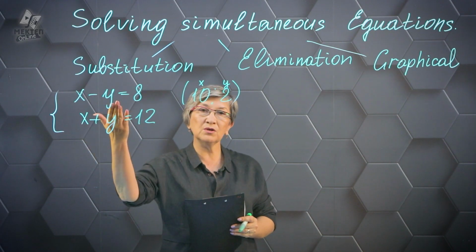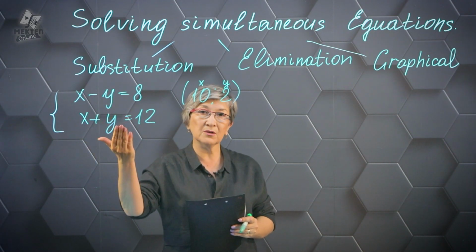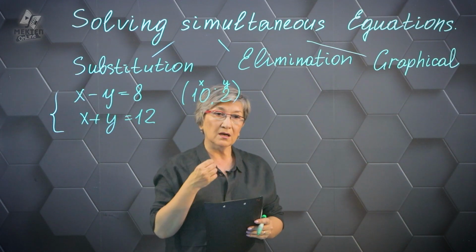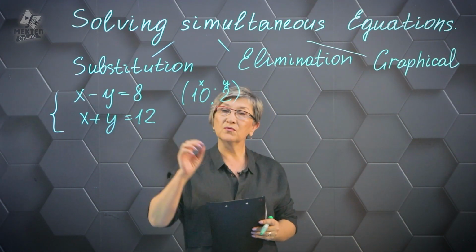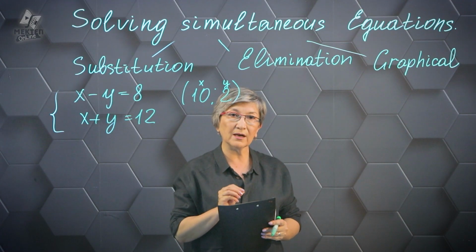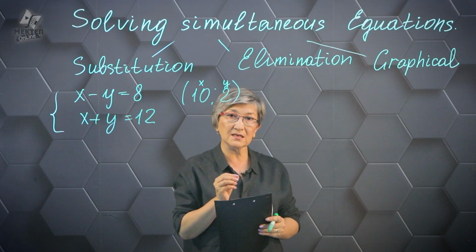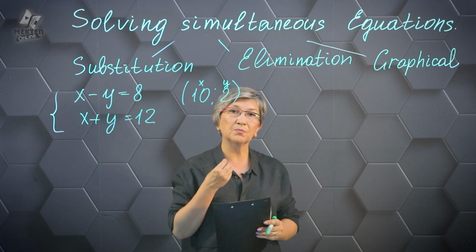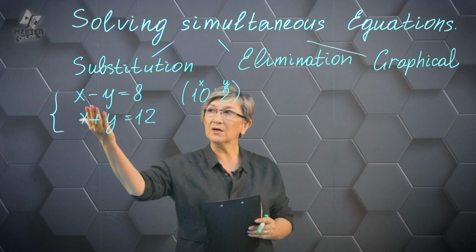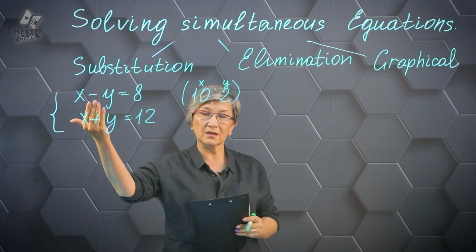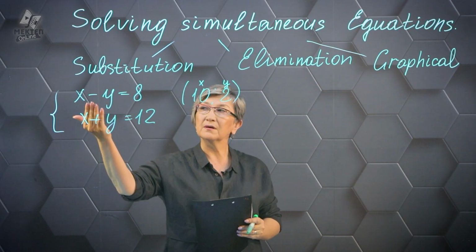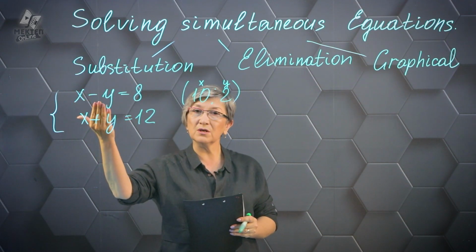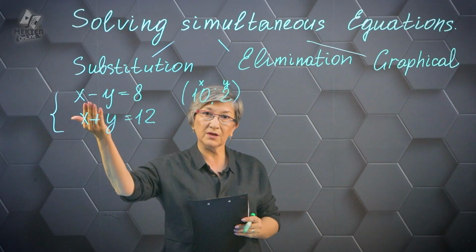We can choose variable y from the first equation or variable y from the second equation. How do we make this choice? I recommend choosing the variable that has a coefficient equal to 1 and is also positive. In our case, in the first equation, it's the variable x.